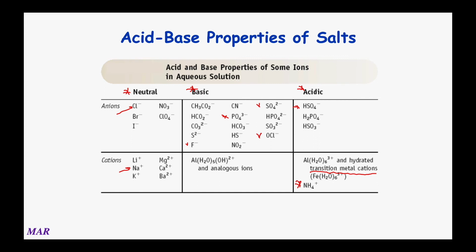Transition metal cations, we're going to see, also make acidic solutions. So be careful. When you add random chemicals to water, often you will have a pH effect. If you really don't want to have a pH effect, you've got to use things from the left-hand columns over here. But by default, most things do have a slight acidic or slight basic tinge to them.